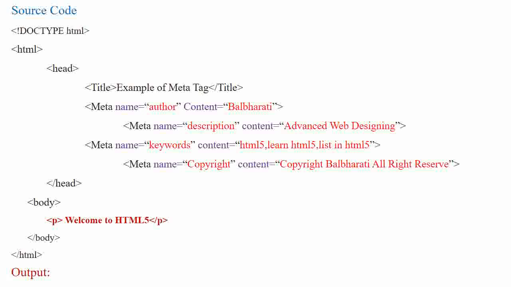You can give a name to the program and use the extension .html. Now your program is saved with the given name and extension. After that, you can see the output for this program.